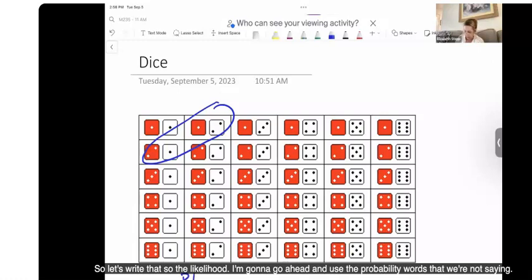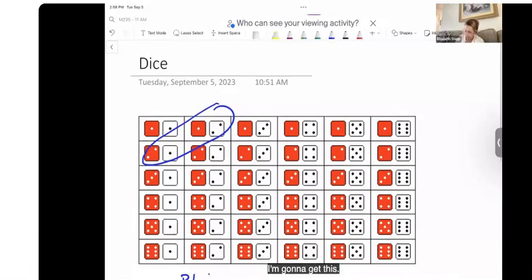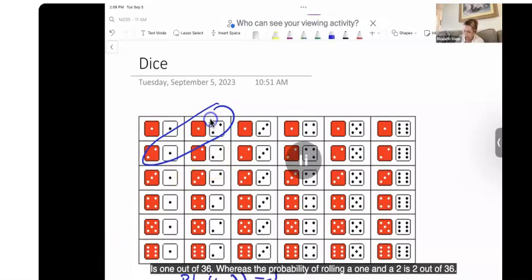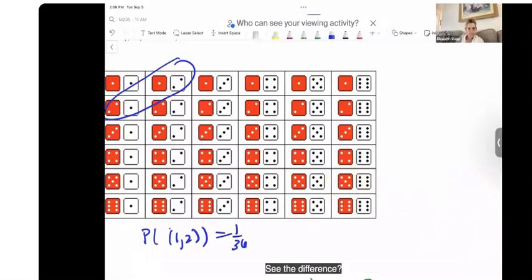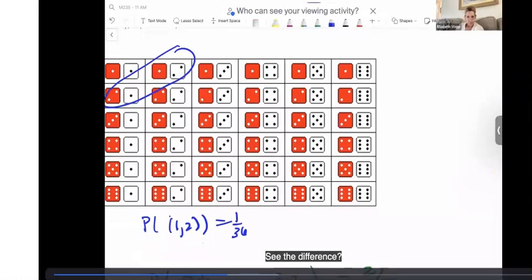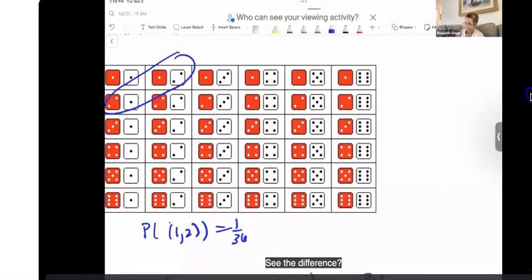So the probability that I'm going to get this is 1 out of 36. Whereas the probability of rolling a 1 and a 2 is 2 out of 36. See the difference? Okay.